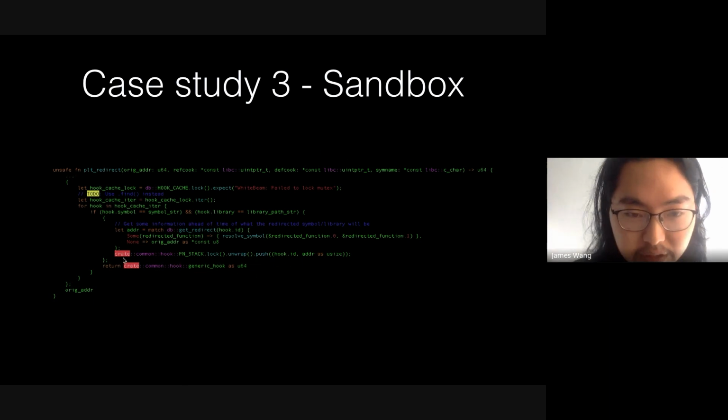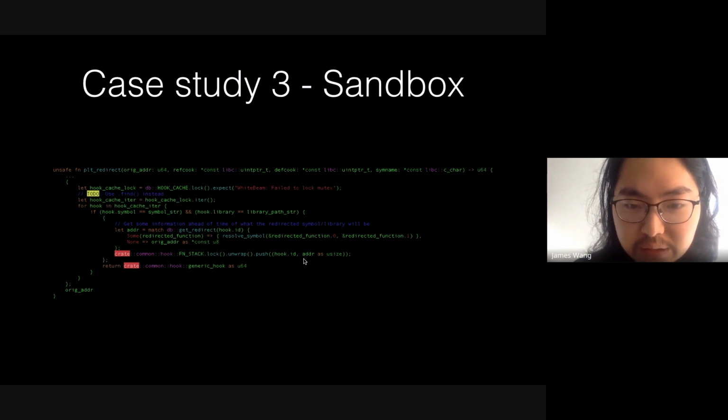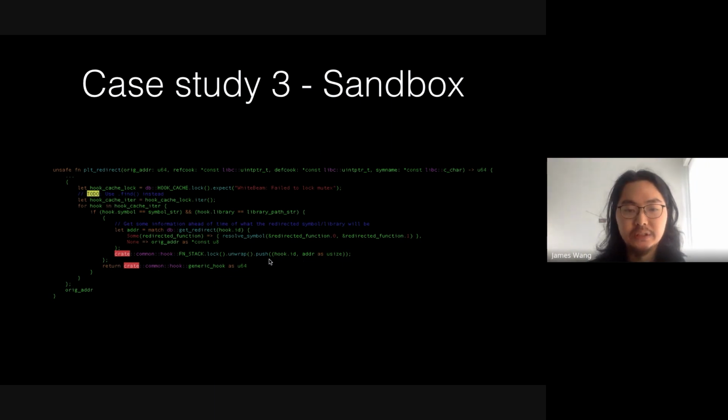This is the pushing part. We hook the PLT redirect function, and we push the hook ID, which corresponds to the library we're calling into and the function name we're calling into, as well as the redirect address we're going to use, into the function stack.